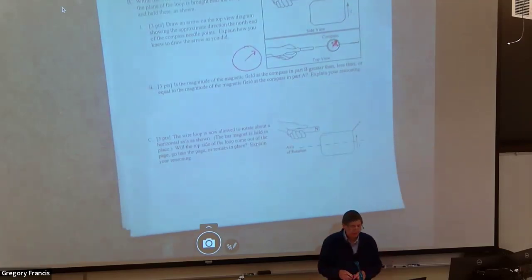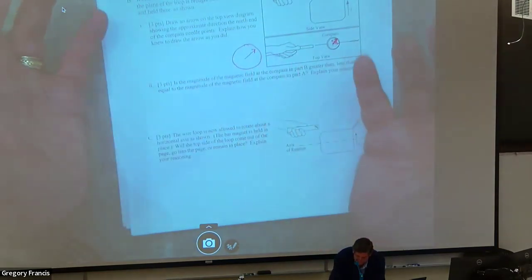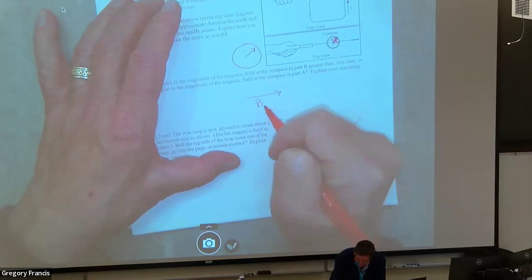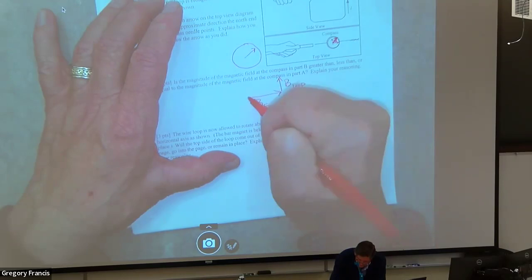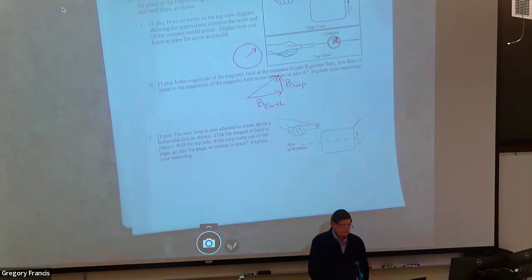Well, if we believe Pythagorean's theorem, the magnetic field that it's experiencing now has a portion that is due to the Earth and a portion that is due to the loop, and the total magnetic field is going to be the vector sum. And the hypotenuse is always the longest part of a triangle, and so it's going to be bigger.